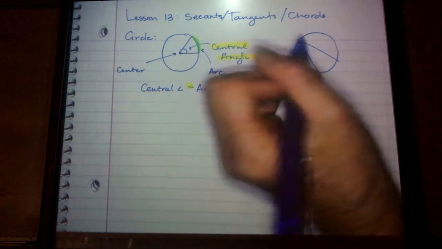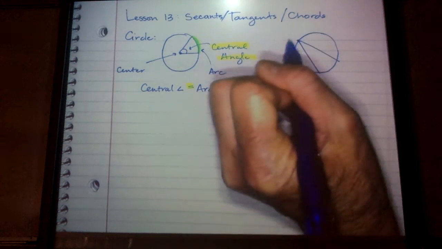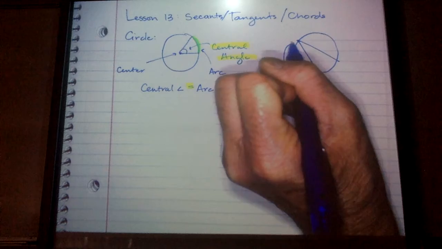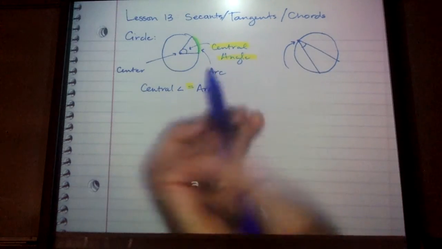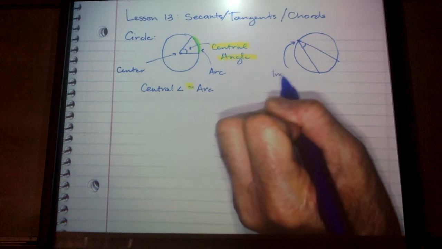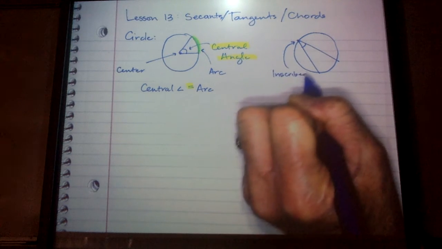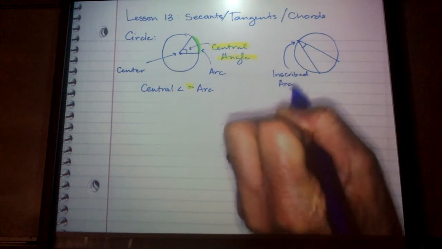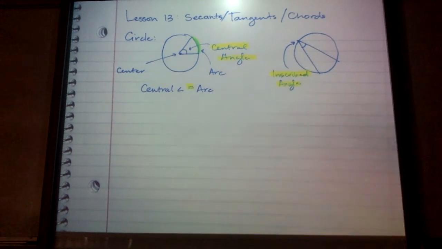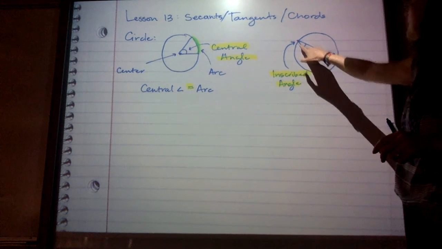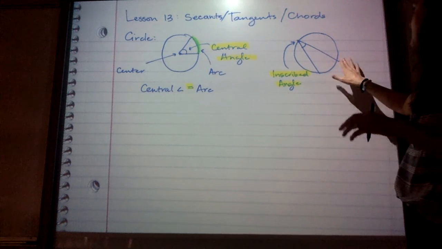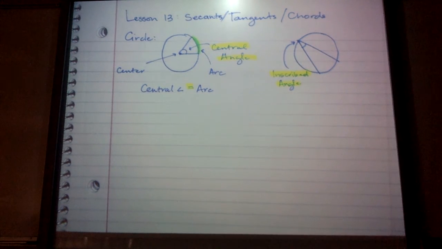An angle touching the outside is an inscribed angle. Notice the difference: a central angle is at the center, while an inscribed angle touches the outside and is formed by two chords. A chord goes from one part of the circle to the edge. It shouldn't go past.